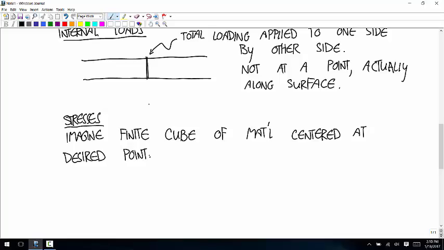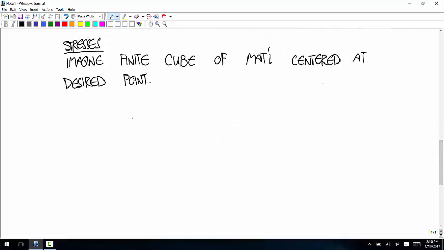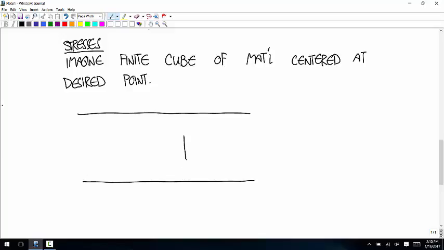And then we're going to do a limiting procedure to go from the loads on this finite cube to the loading that's happening on this infinitesimal cube with the same center. So let me draw this cube. Okay, so here's the material. And inside this material, we have this finite cube.